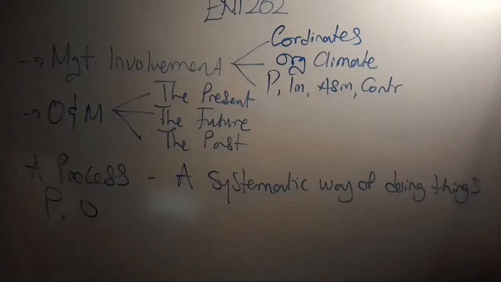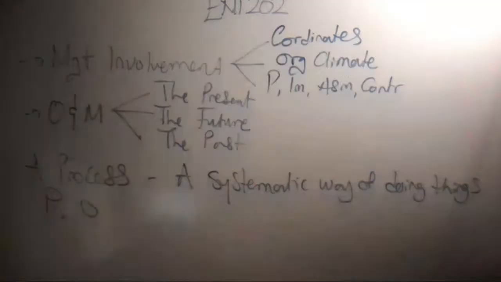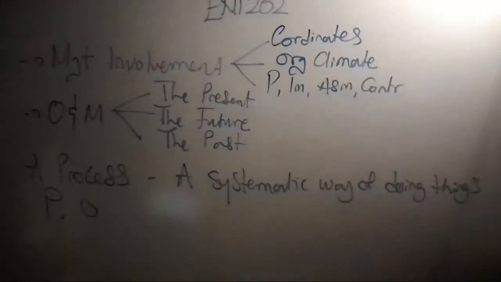Then we talk about organizing. It is the process of arranging resources, speaking of authority, speaking of location, among organization members so they can achieve the organizational goal. So let's just say organizing is arranging resources in order to achieve organizational goals.